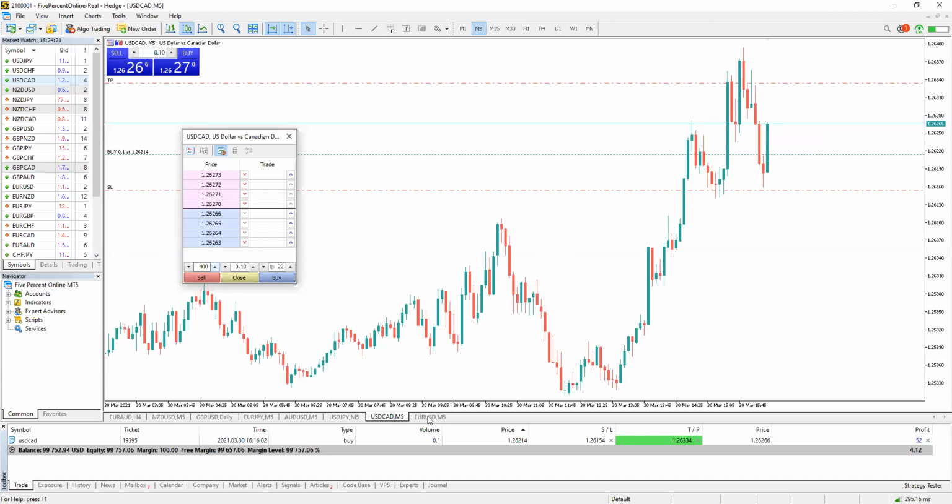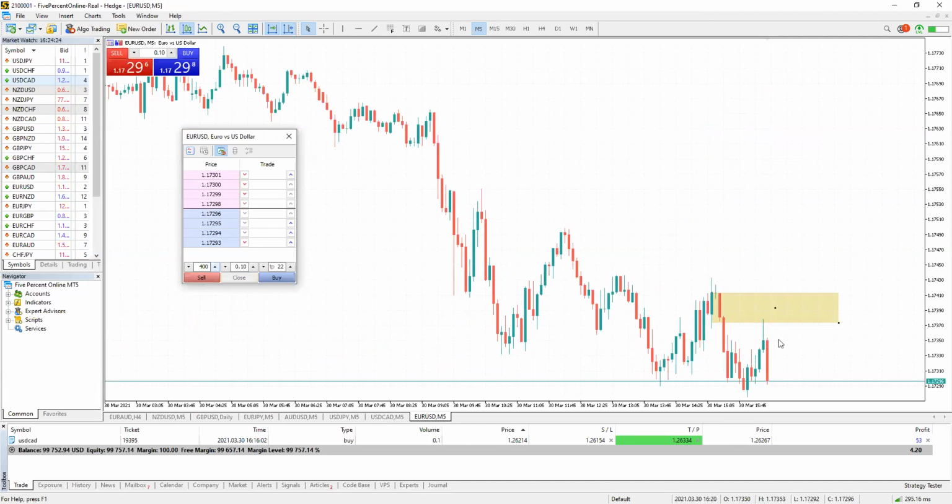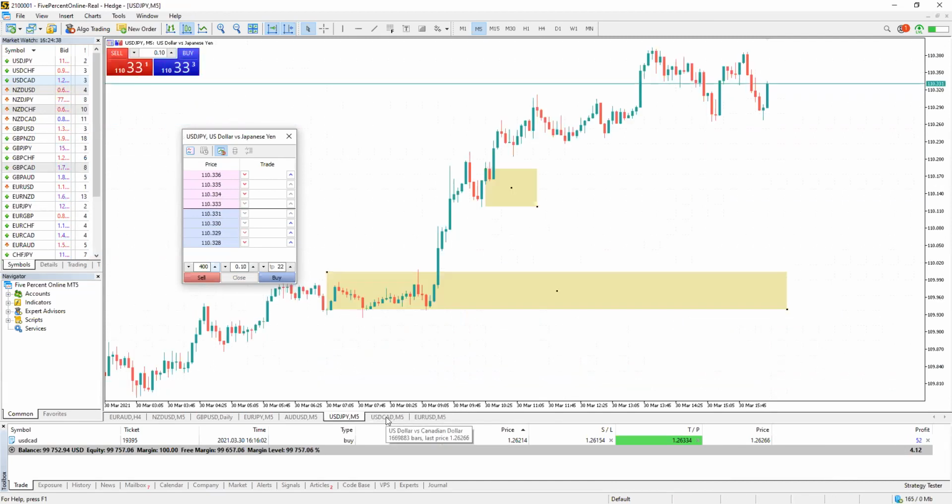What's going on in the others? Okay, look at the Euro USD. It's amazing. Look how we drew this box here. Look how price just touched it and then collapsed to the downside. So those are the key levels we're always talking about.